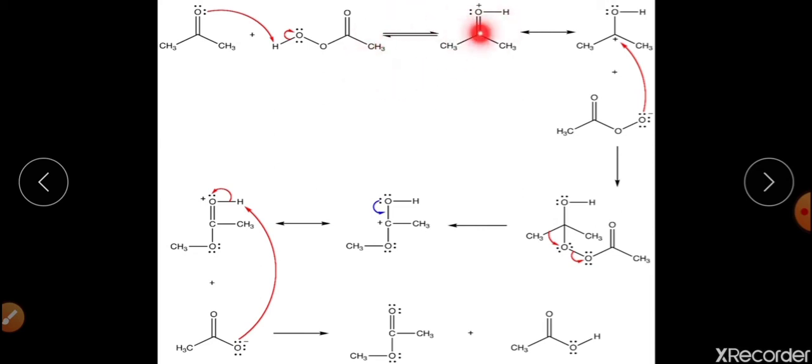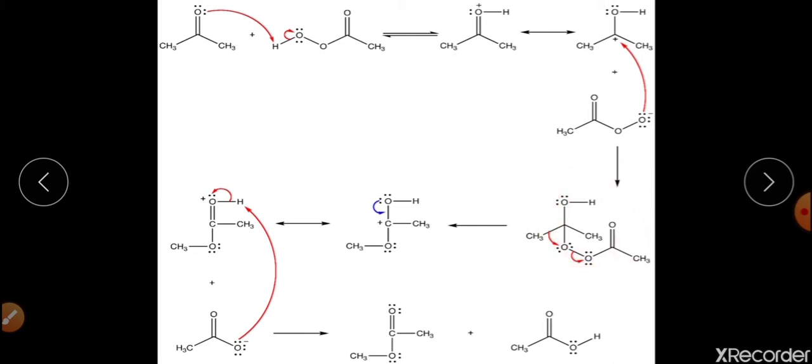After protonation, this particular carbon, the carbonyl carbon, is now carrying the positive charge, and when it carries the positive charge, the O negative will now attack this C positive. After attack of this O negative on this particular C positive, it will form this kind of adduct.